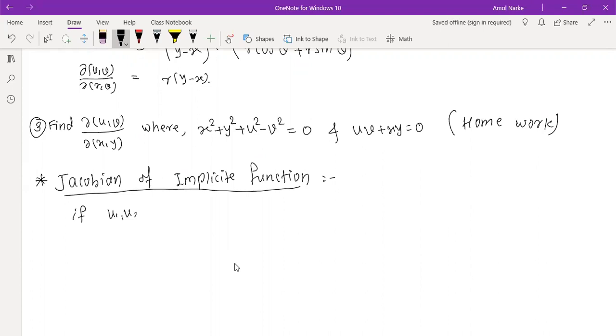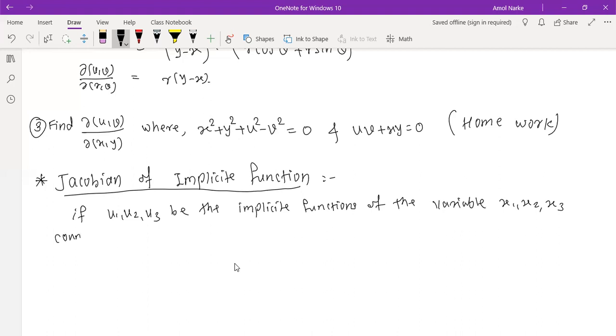So suppose u1, u2, u3 be the implicit functions of the variables x1, x2, x3 connected by the functions.